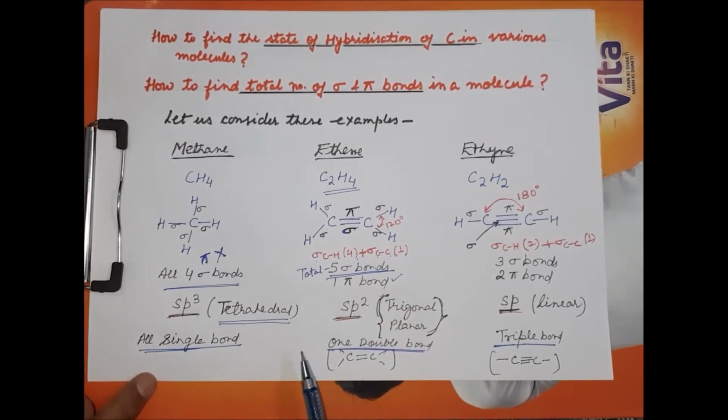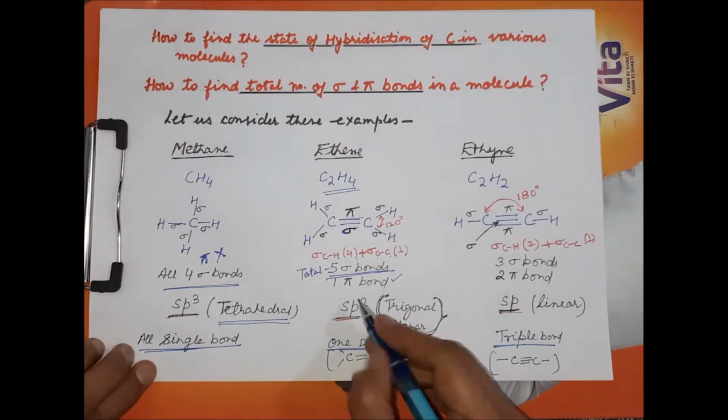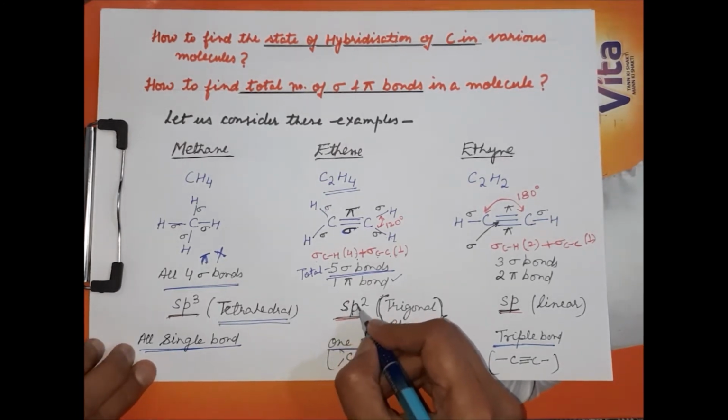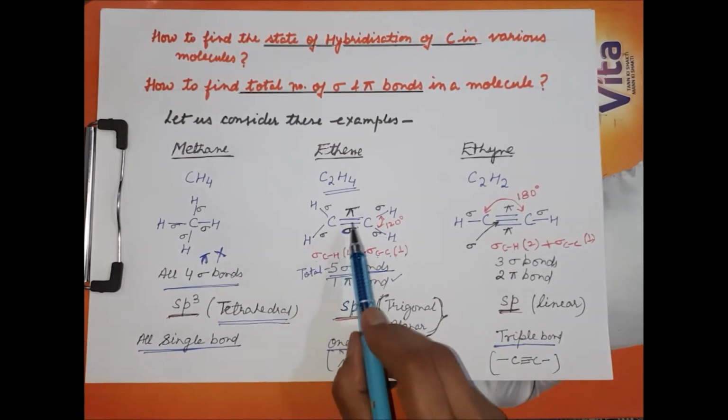Because in all such molecules where carbon has 1 double bond, the hybridization state of such carbon is sp2. We should always remember this.